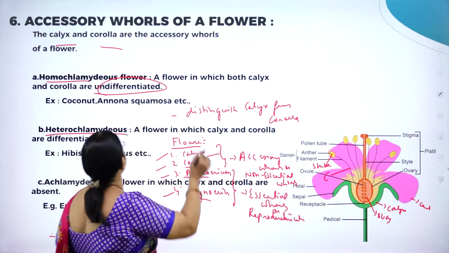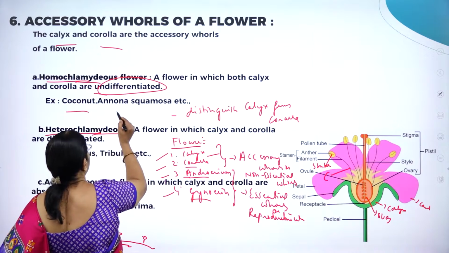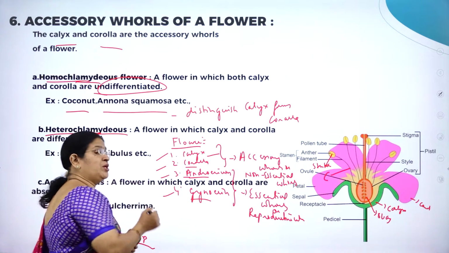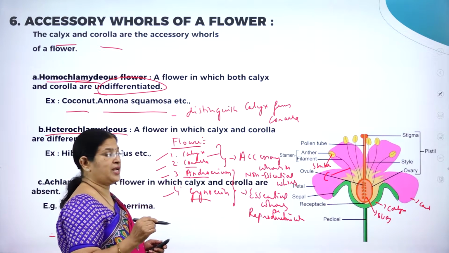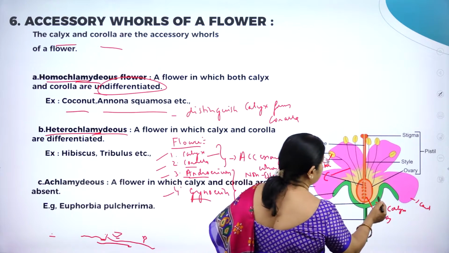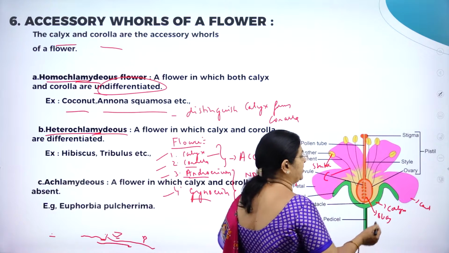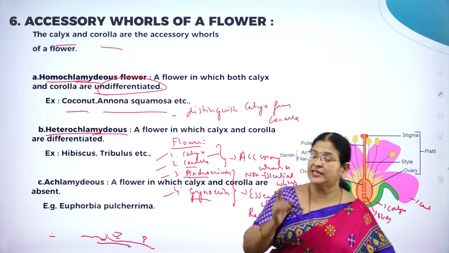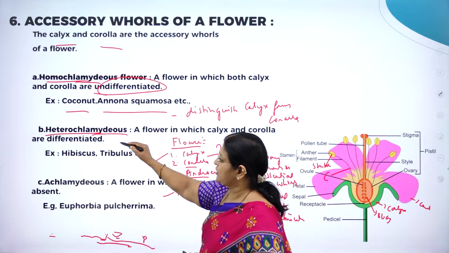That condition is called homochlamydious. Example, coconut, Annona squamosa. When you are able to differentiate the calyx and corolla separately, here you can see, this is calyx and this is corolla, petals. So easily you can differentiate the calyx from corolla, and that condition is called heterochlamydious.